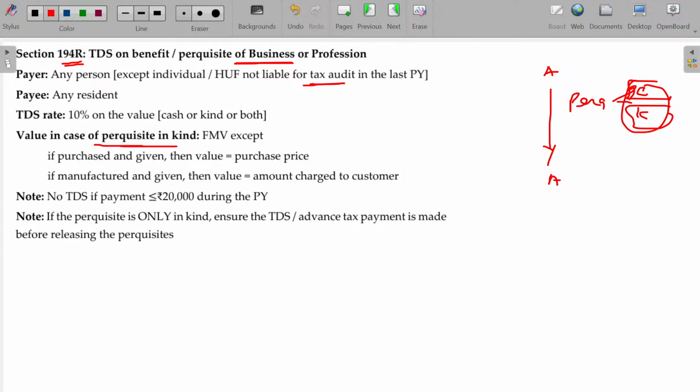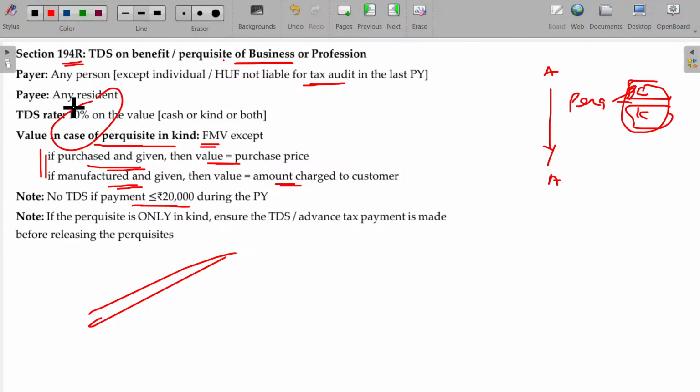In case of perquisites in kind, fair market value will be taken, except if purchased and given, then the purchase value will be taken. If manufactured and given, then the amount usually charged to the outsider will be taken. If these two pieces of information are missing, then he can take the fair market value. If this perquisite value is less than or equal to 20,000, TDS is not applicable. Otherwise, TDS is applicable at the rate of 10%. Very simple.